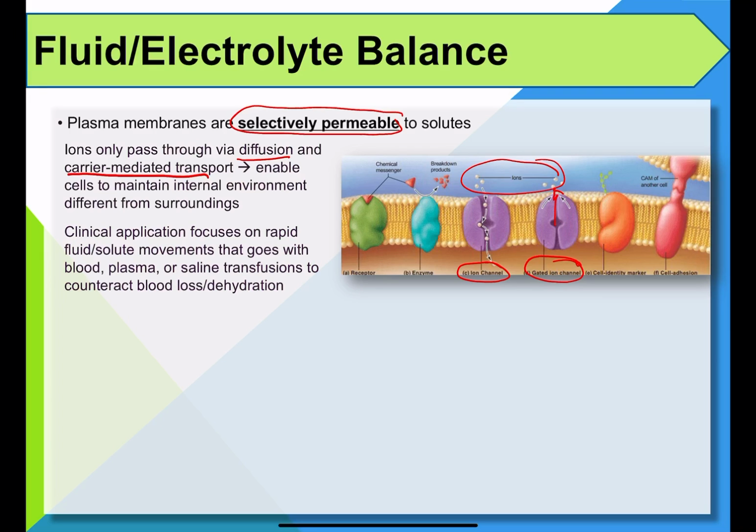And hence, for the concept of fluid and electrolyte balance, clinical application will focus on rapid fluid and solute movements that go with your blood, plasma, and saline transfusion to counteract blood loss or dehydration.